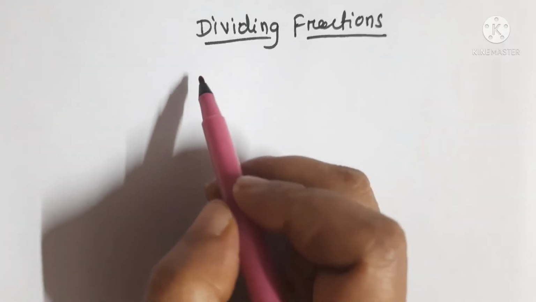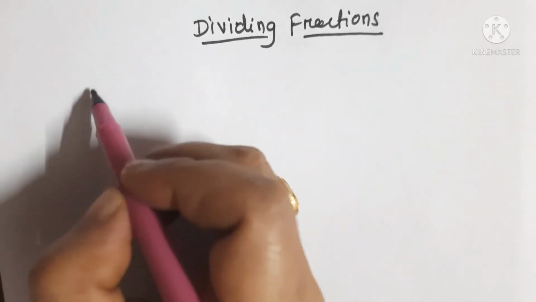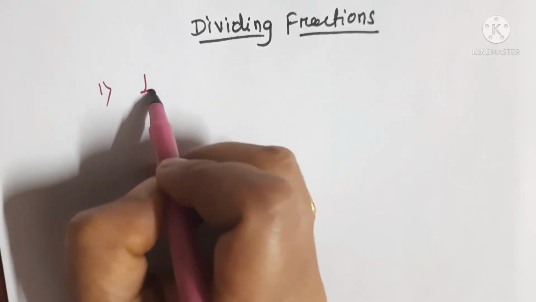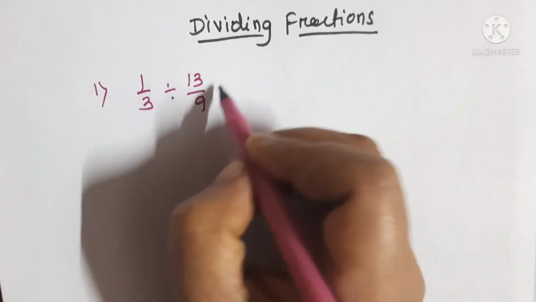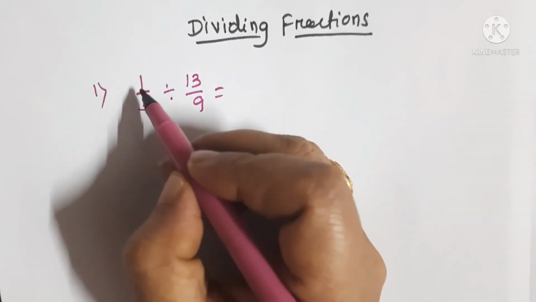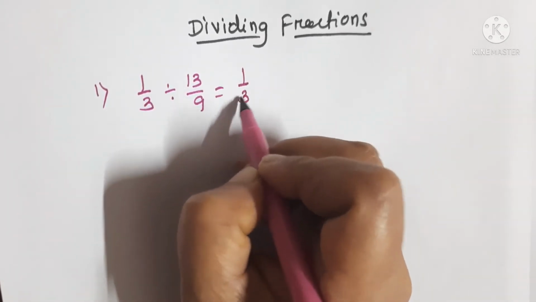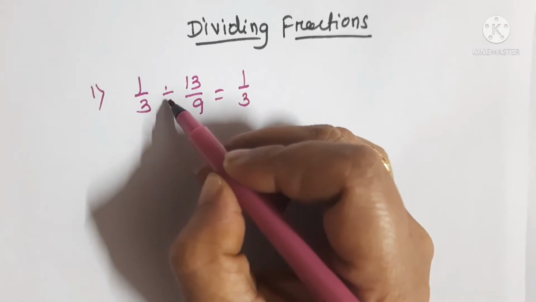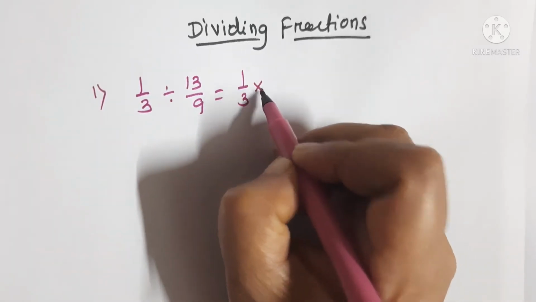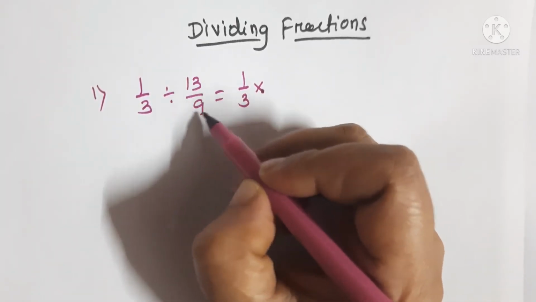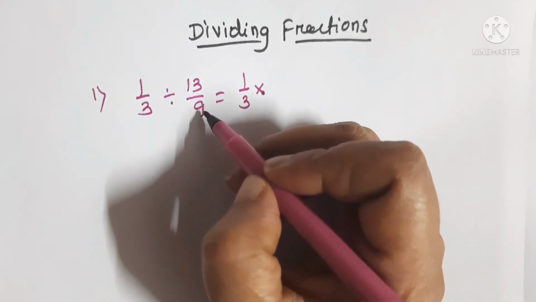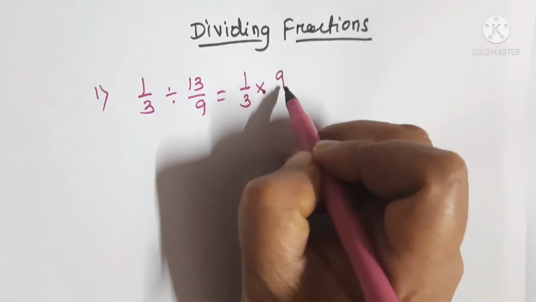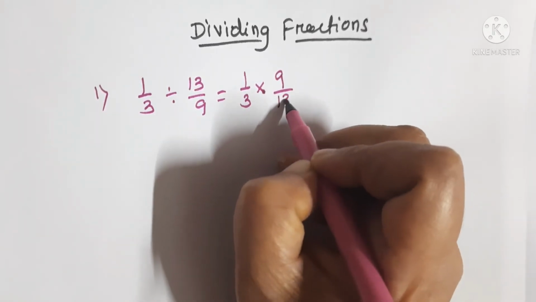Okay, to the next one, dividing fractions. Here, for example, 1 by 3 divided by 13 by 9 equals. Here the first fraction will remain the same, and this symbol will convert into a multiplication symbol, then the second fraction will become its reciprocal. Reciprocal means reversed, meaning the denominator will go up and the numerator will come down.